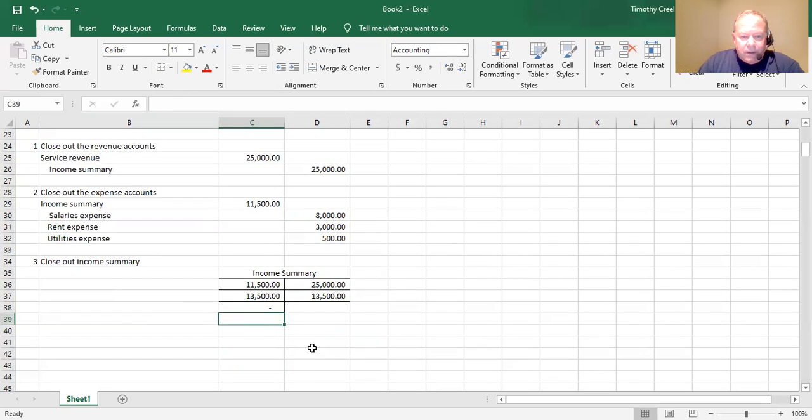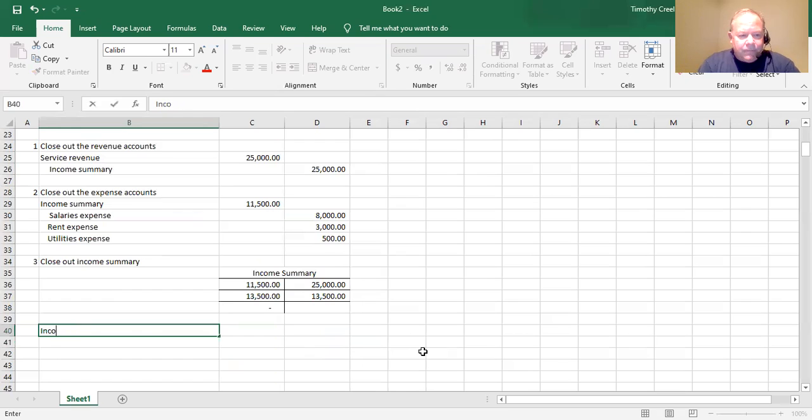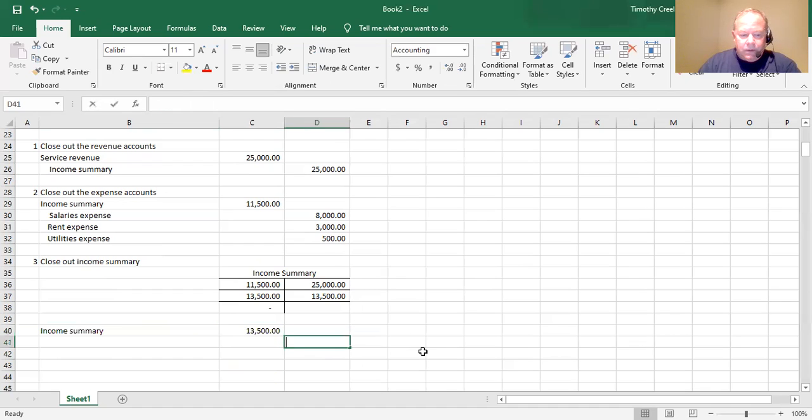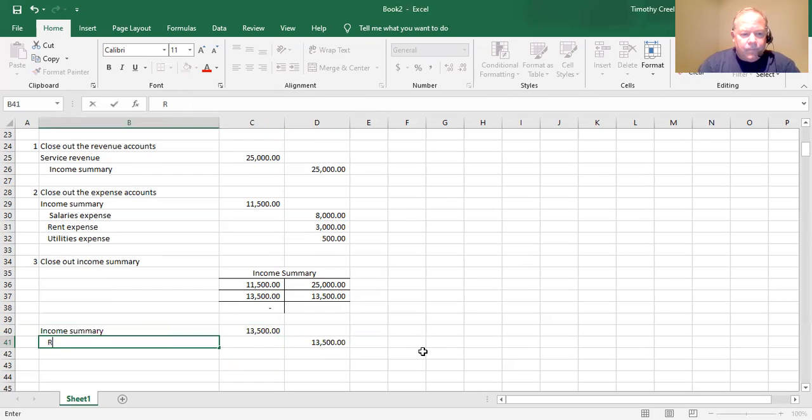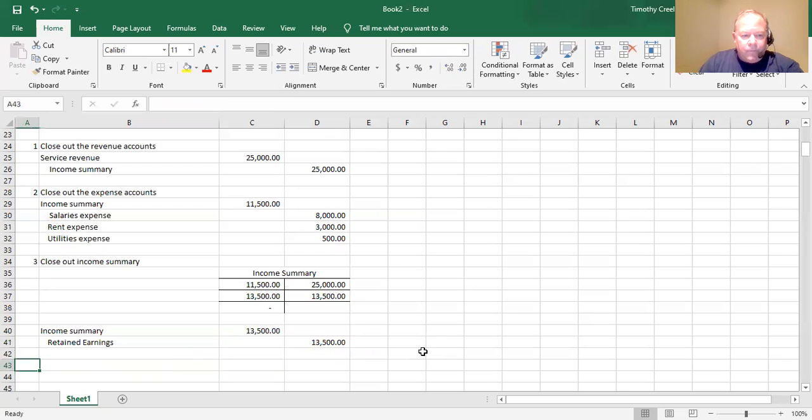So what we would do here is we would debit income summary for $13,500. And we would credit retained earnings for $13,500. So now we've closed out income summary to retained earnings.